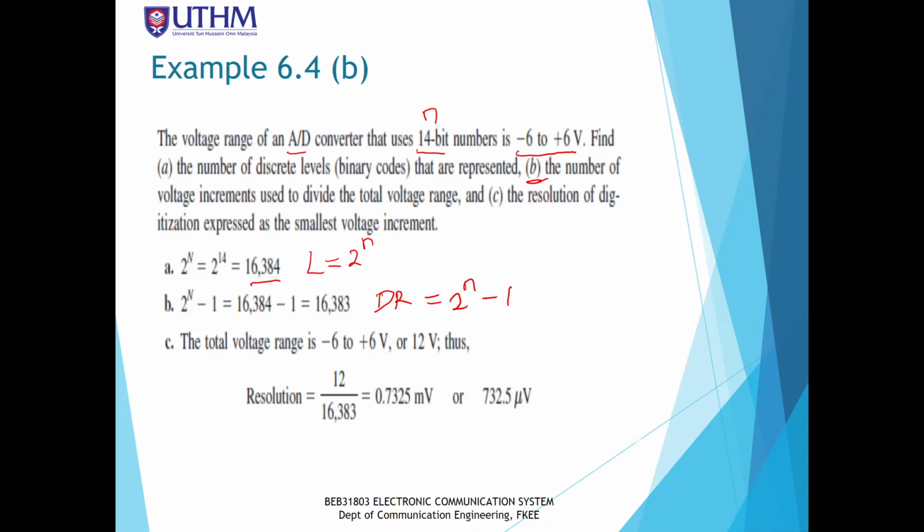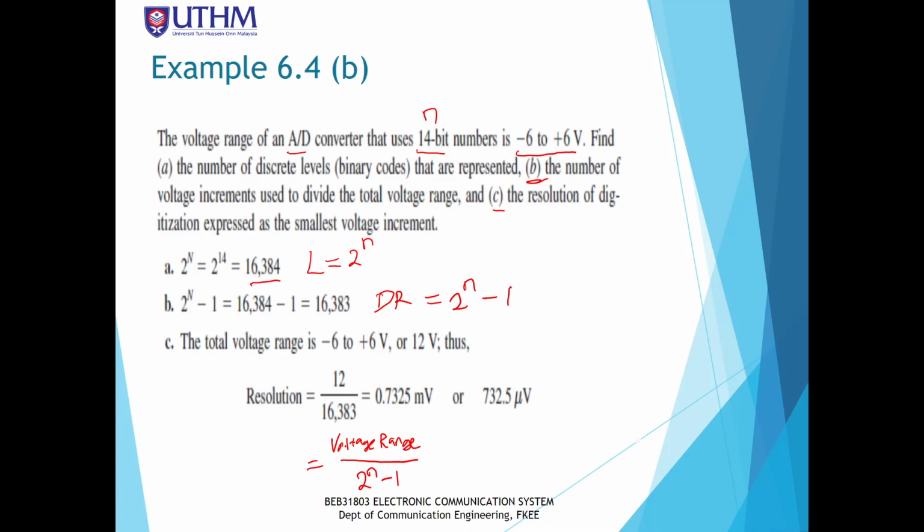Then question C: find the resolution of the digitization, expressed as the smallest voltage increment. So how do we find the resolution? Resolution is equal to the voltage range, from maximum to minimum, divided by the dynamic range, 2 power of n minus 1.